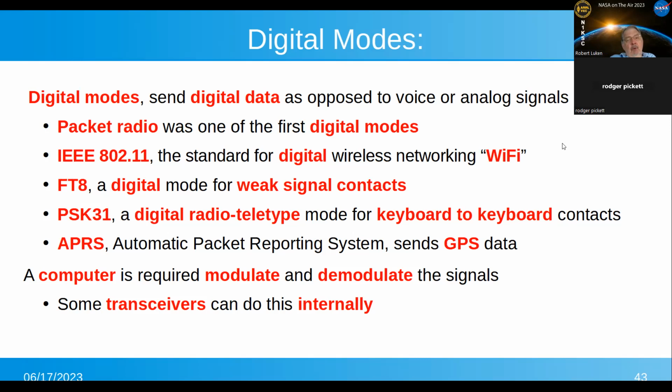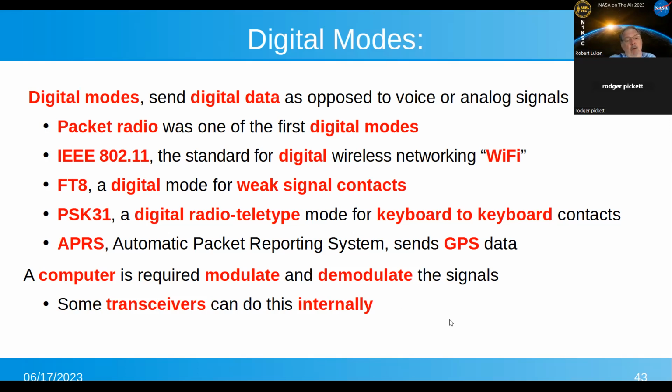APRS is the Automatic Packet Reporting System, which some of these modes can also send, and they can also include GPS data. So there are apps like PSK Reporter that you can bring up when you're running some of these modes. Because it's sending APRS information that picks it up, it's kind of a worldwide thing. You see a map and every place that reported that they heard your signal, which is kind of cool.